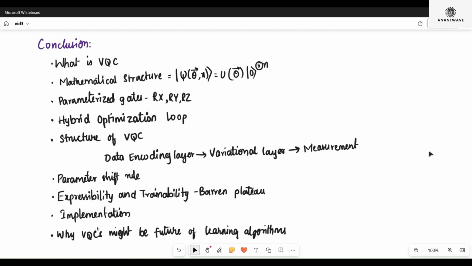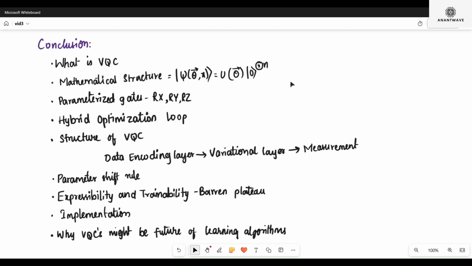The key takeaways in this video are: what is a VQC? A variational quantum circuit is a quantum circuit with parameterized gates whose parameters are optimized via a hybrid quantum-classical loop to solve complex problems such as optimization, quantum chemistry, and machine learning. Then we discussed the mathematical structure, which is represented as follows.